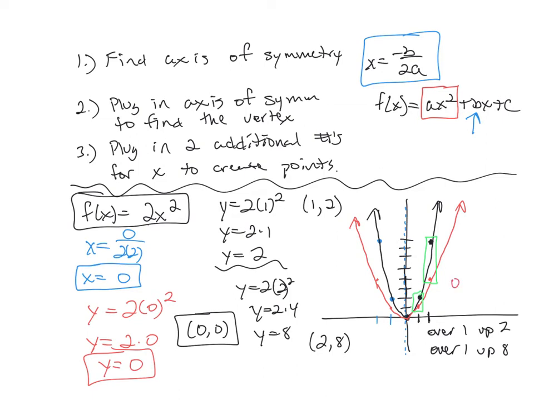The red one is over 1, up 1, over 2, up 4. So we went from 1 to 2 and 4 to 8.